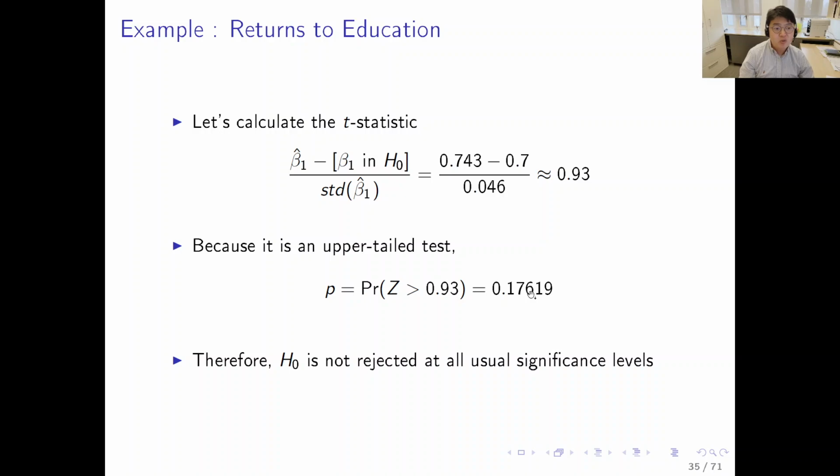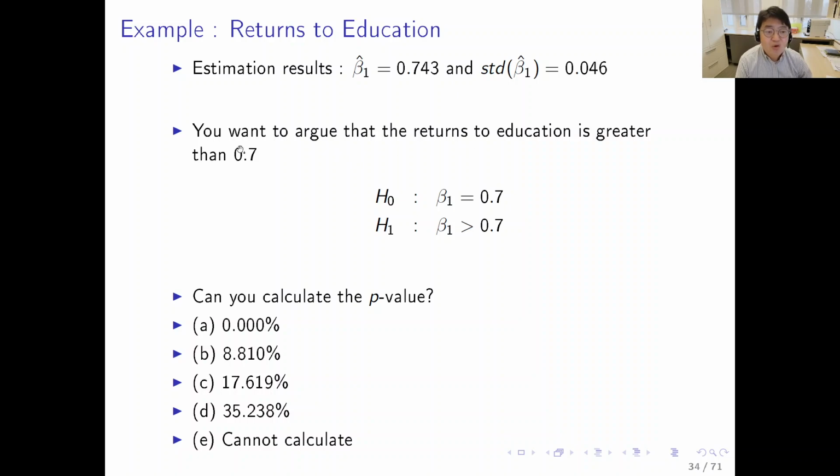So the p-value is about 17%, which is sufficiently large that the null hypothesis is not rejected. You wanted to reject it to argue that the returns to education is greater than 0.7, but unfortunately you could not reject the null hypothesis, so your argument cannot be made based on this data.